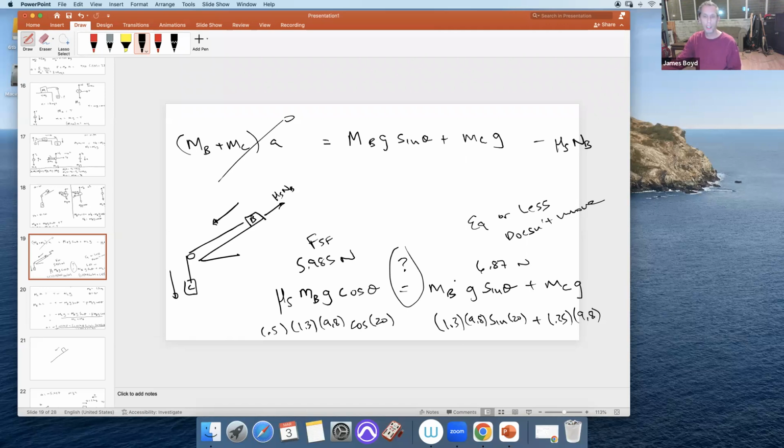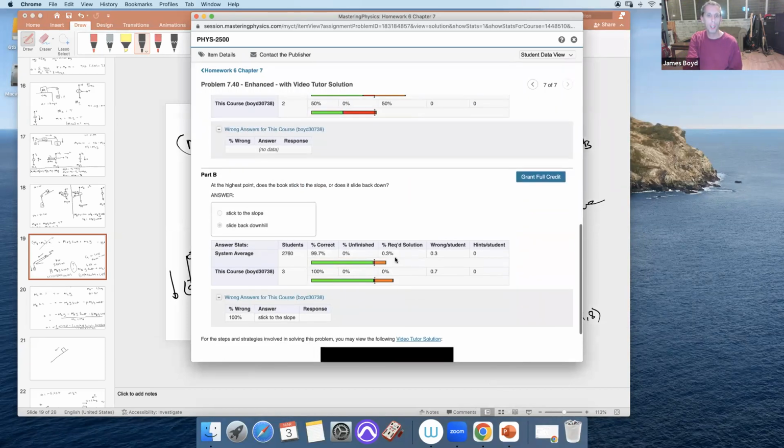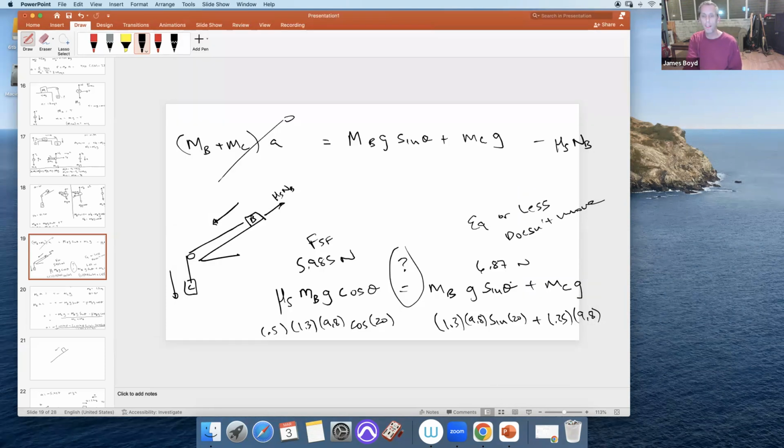So unfortunately, that means it's going to slide back down. Okay. Does the book slide back down the hill? Yes, because the net force, if there were no static friction, is greater than the amount of static friction on the book alone. Hopefully that makes sense to you.